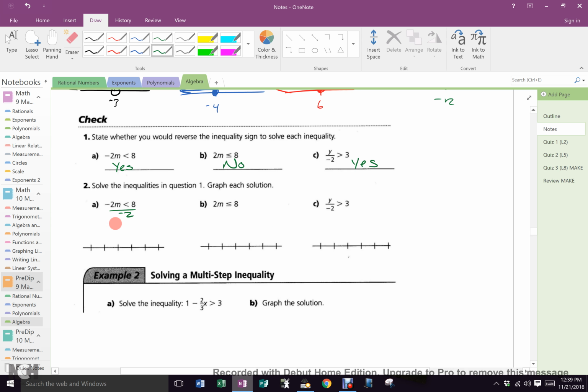Divide by -2, -4. Put the line, open dot, that way. Divide by 2, 4. Color in the dot, that way. Times -2, flip it, -6. Open dot, that way.